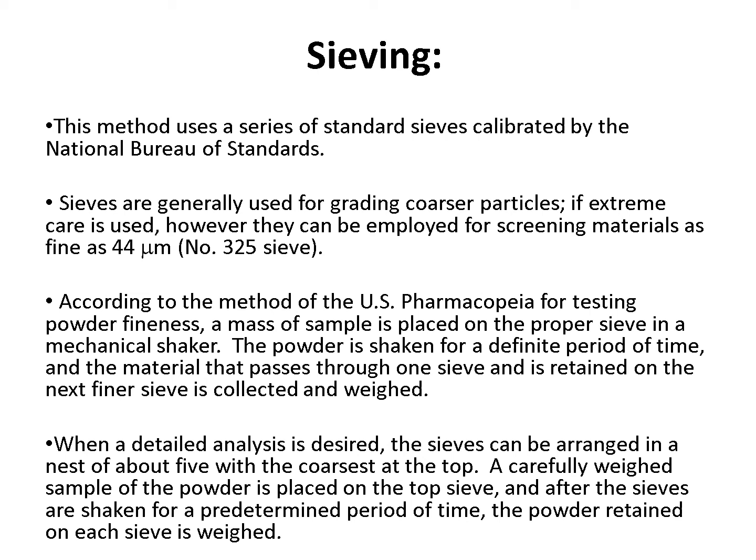So how will we do it? We arrange a number of sieves as a nest, زي شبكة, from the coarsest at the top to the finest at the bottom, and under that we put a tray to collect what gets out of the smallest sieve. So we will have 5 sieves.